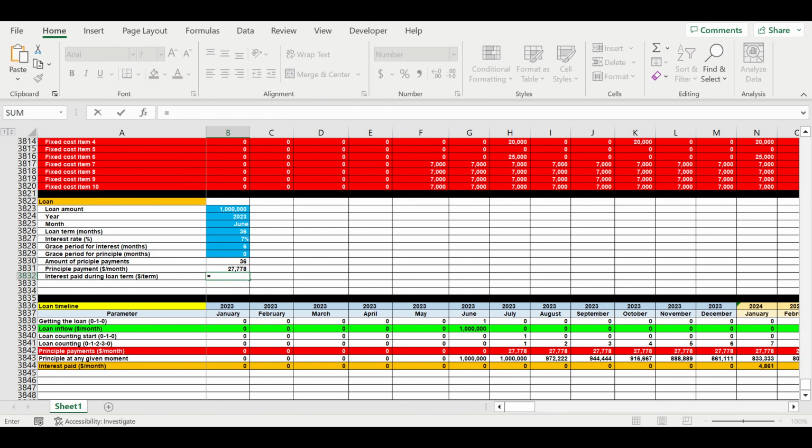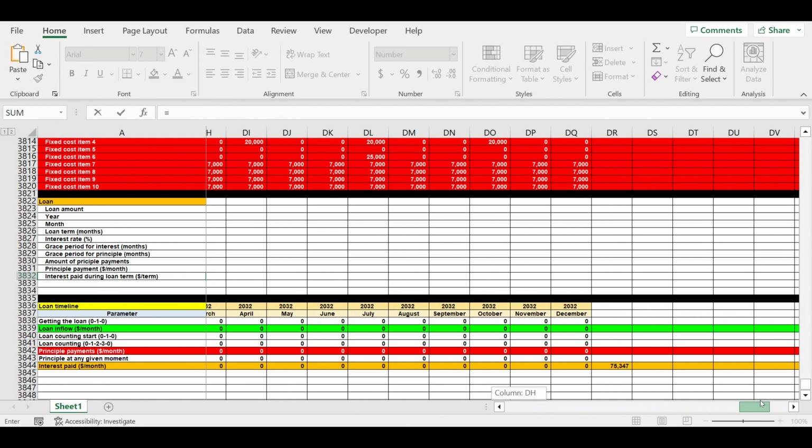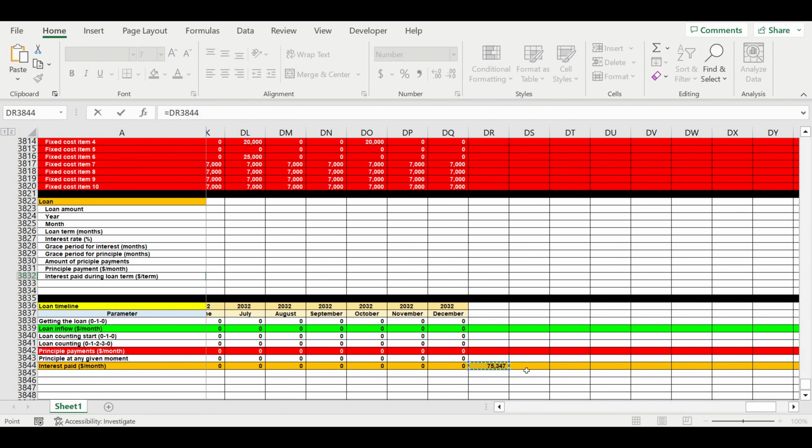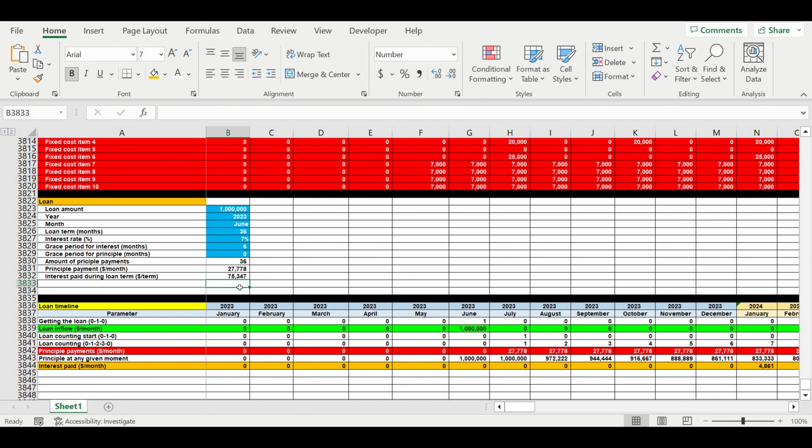So this will be this value, and then the amount of interest payments will be loan term minus grace period for interest.